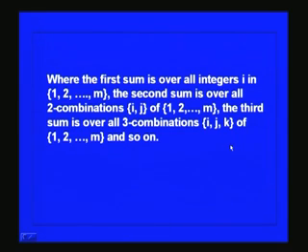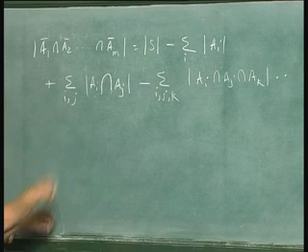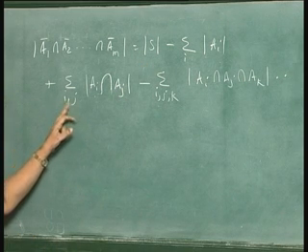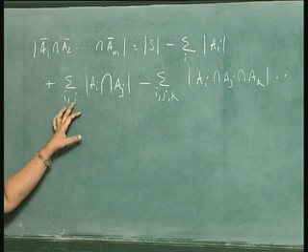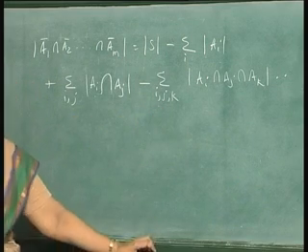Here the first sum is over all integers i. Here you should take all integers i, j such that i is not equal to j, all two combinations from the set 1 to m. Here you should take all the 3 combinations from 1 to m.